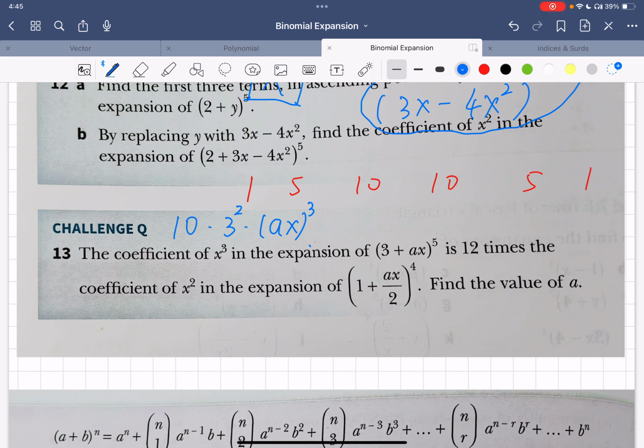That is the term we want, and then just calculate it. So it's 90 times a cubed x cubed.